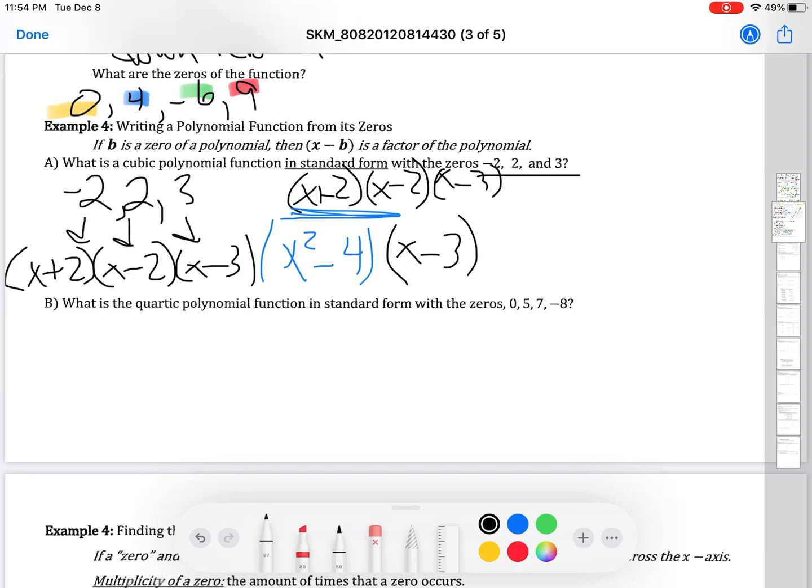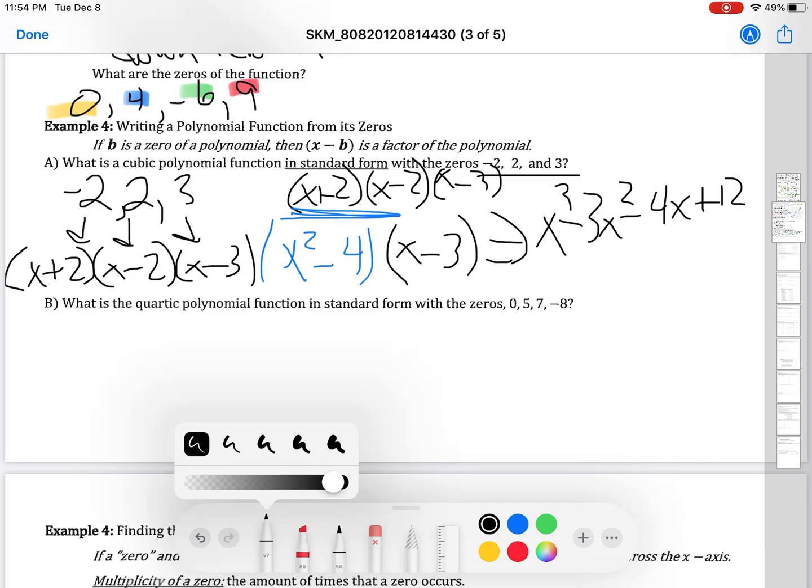And then I have an x minus 3. So again, I could just distribute. It's x squared times x. That's x to the 3rd. X squared times -3 is -3x squared. -4 times x, -4x, and then -4 times -3 is just positive 12. So that's going to be our final answer here.